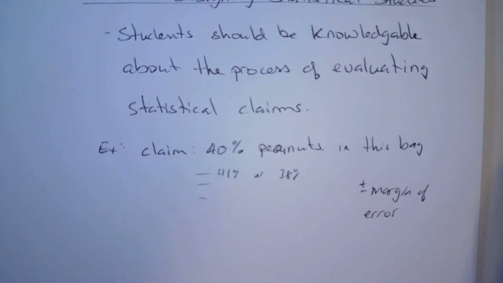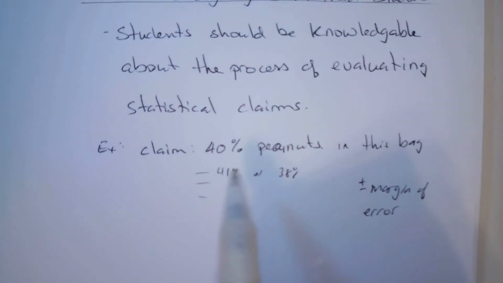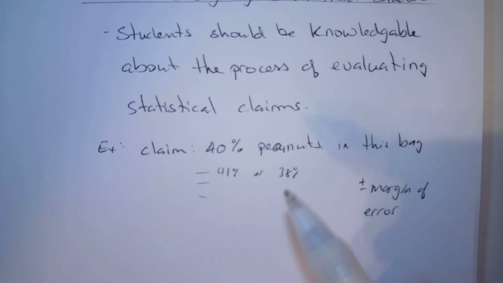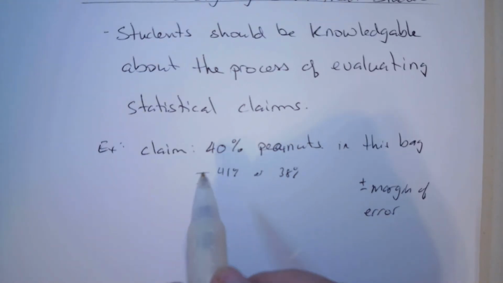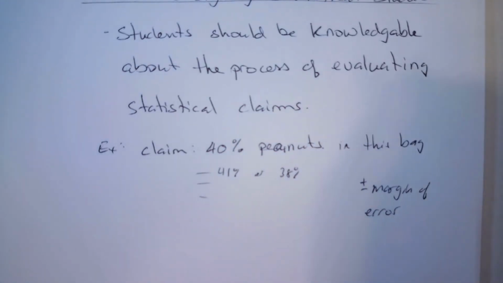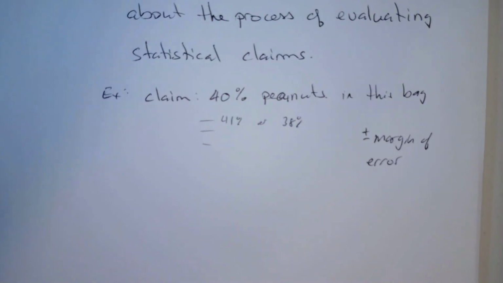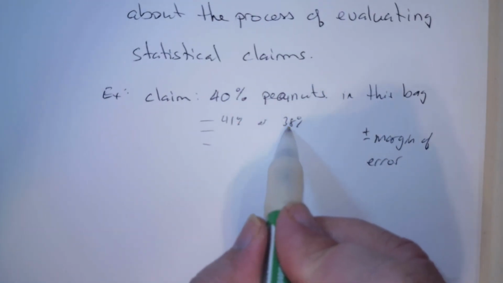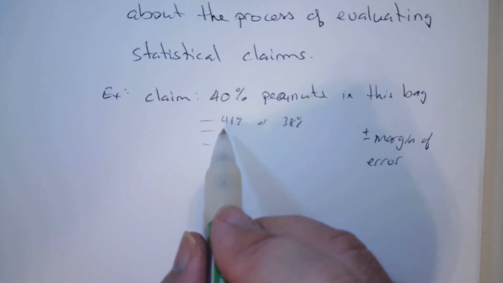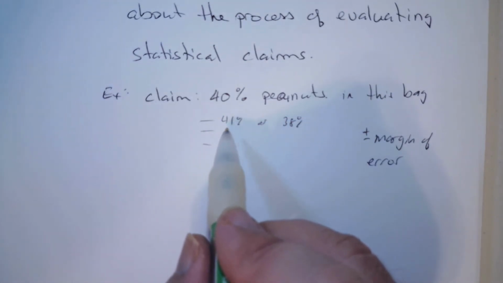That means it's an acceptable range based on many reasons. So they can't just take at face value what that number means. Because remember, it's the law of large numbers. One bag may only have 38%, another bag may have 41%, another may have 45%.